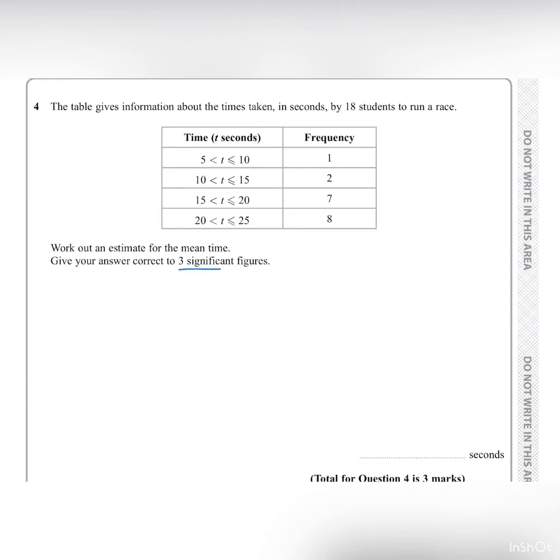When the data is given in groups, we don't know whether this person took just above 5 seconds or 6 seconds or 10 seconds. So we have to average the time. We add another column, midpoints, where we take the value halfway.